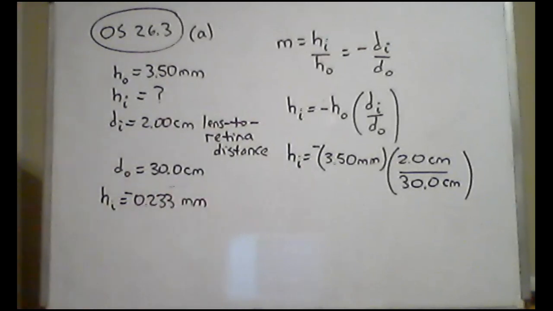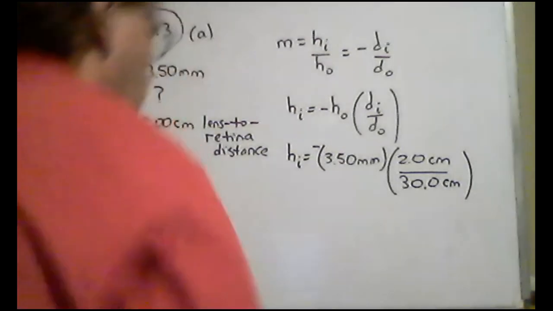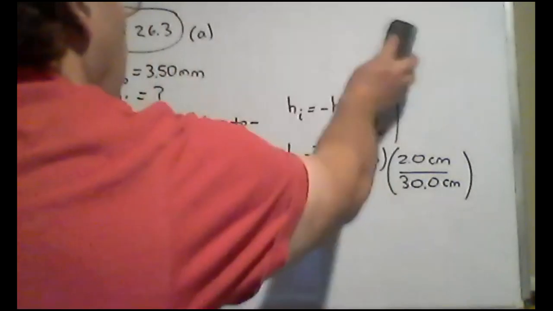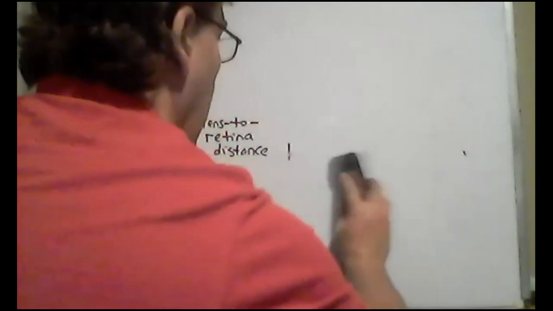An interesting point about the eye is that images actually go to the brain upside down. The brain actually has to invert all the images that it sees. So when you see a negative height, what that really means is that the images always go to the brain upside down. It's kind of a point, or a comment.